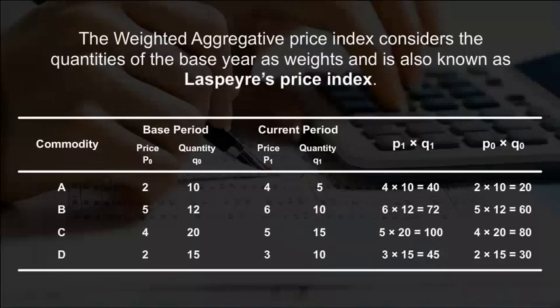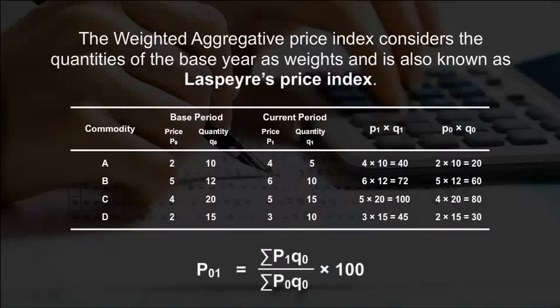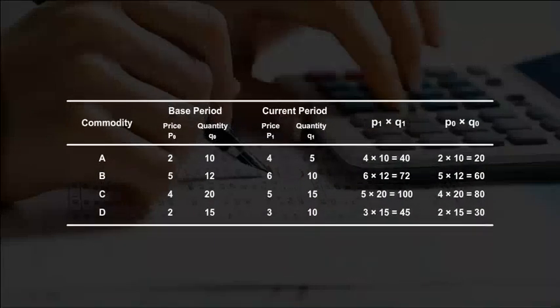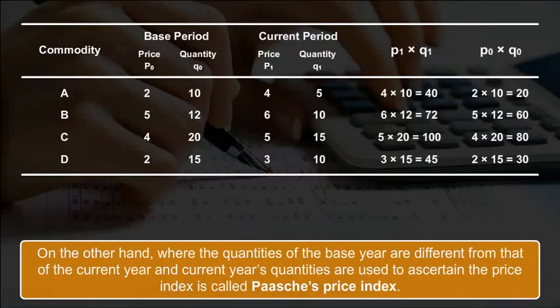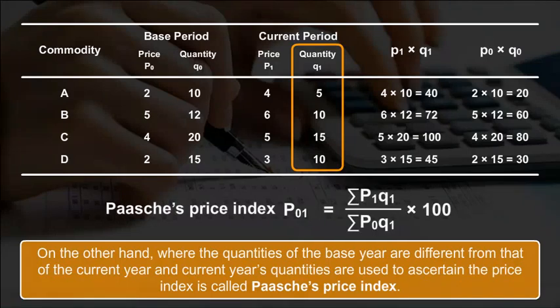The weighted aggregative price index considers the quantities of the base year as weights and is also known as Laspeyres' price index. On the other hand, where the quantities of base year are different from that of the current year and current year's quantities are used to ascertain the price index is called Paasche's price index.